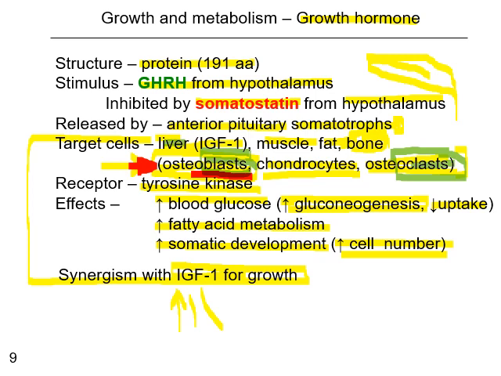Insulin-like growth factor is a required synergistic molecule for growth. So it's not just growth hormone that leads to the development of bones and muscle. It's growth hormone and IGF-1. IGF-1 is produced in the liver to help growth hormone, produced in the anterior pituitary, control body size.